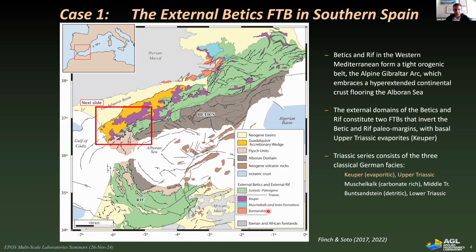For us, it will be important to reconstruct and to see how the Upper Triassic evaporites are important for this orogen, in particular for the external Betics.